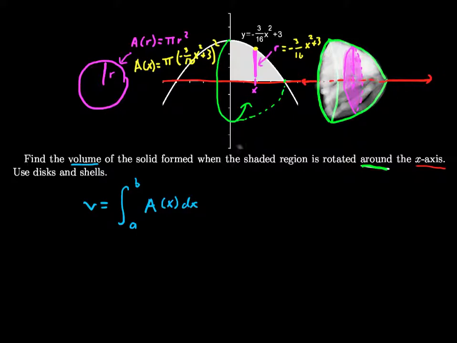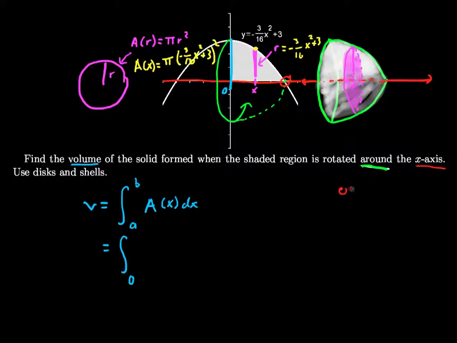So we know that we have the integral. Okay, starting and stopping. Well, we can see clearly that we start at 0. And I gave you a nice graph. You should be able to see that we stop at 4. But if you're not quite sure where this endpoint is, it's where y is 0. So I can solve for where this is 0.